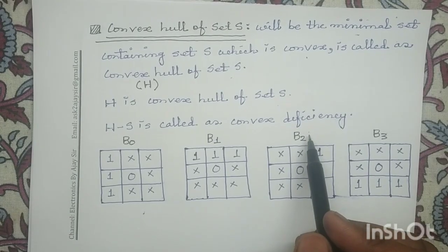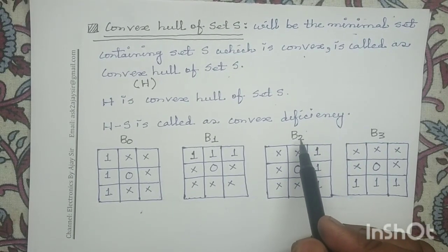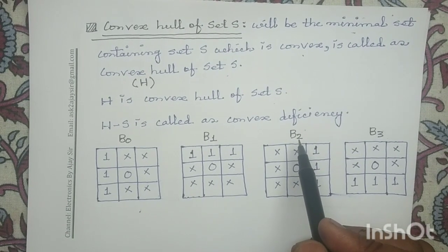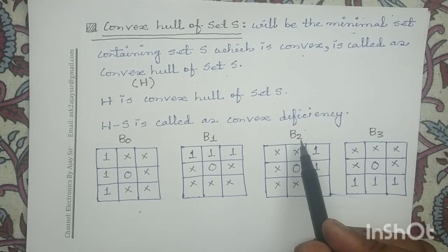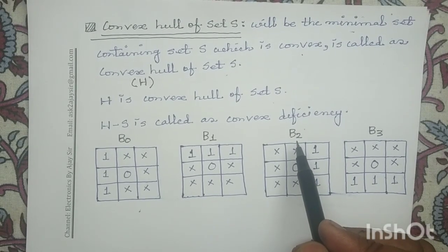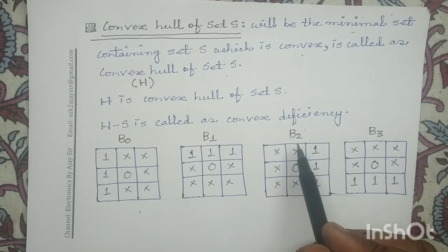All these terms, that for a particular object we will determine the convex hull, and for a given object set we will determine the convex deficiency, we will see in our later example.